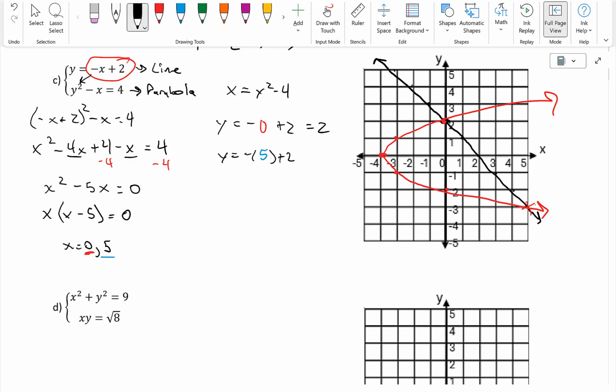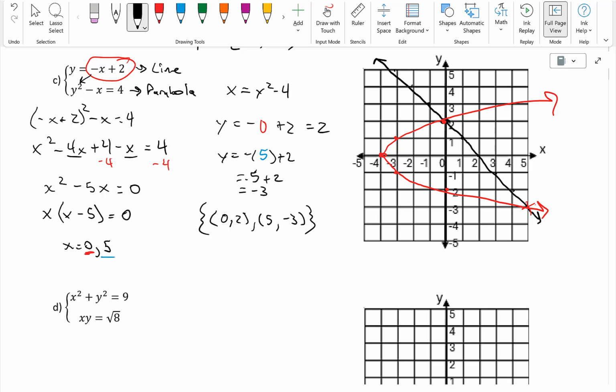We're not substituting in a negative, but again, good habit. So we get a negative 5. Let's work down. Negative 5 plus 2, which is negative 3. So I do get that 5, negative 3 for my second. So my two solutions here, it looks like I've got 0, 2 and 5, negative 3.